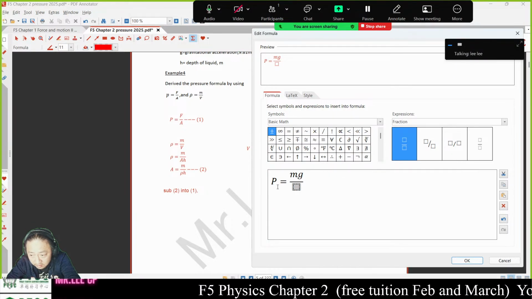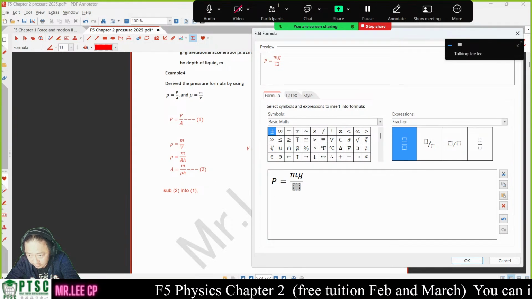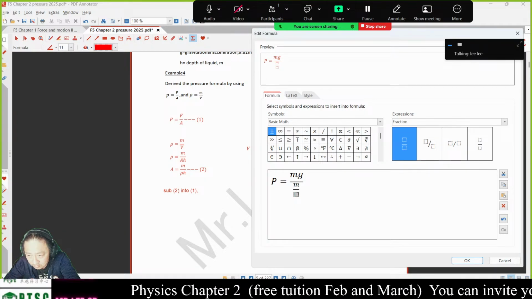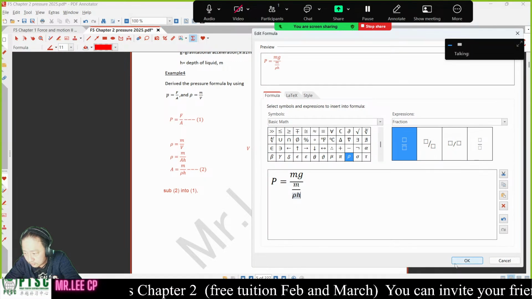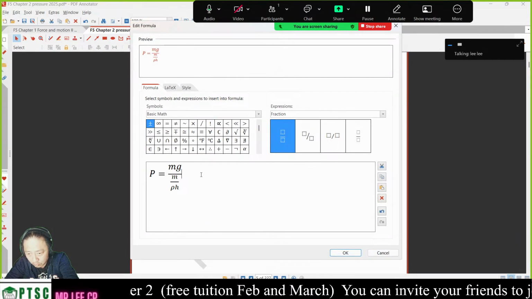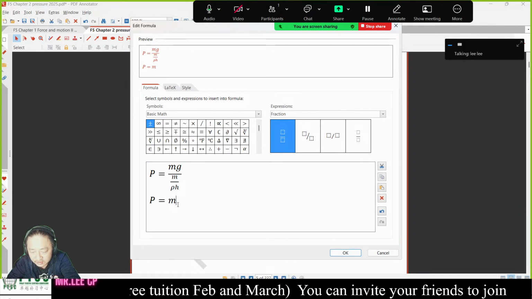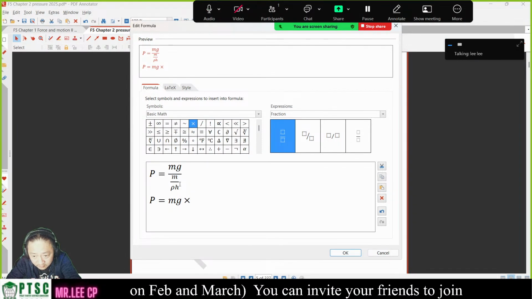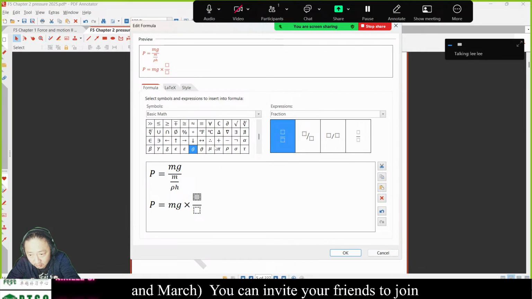Area here is m over rho h. So to make it easy, I am going to put mg times, because this one is divide, you invert it. So rho is at the top.